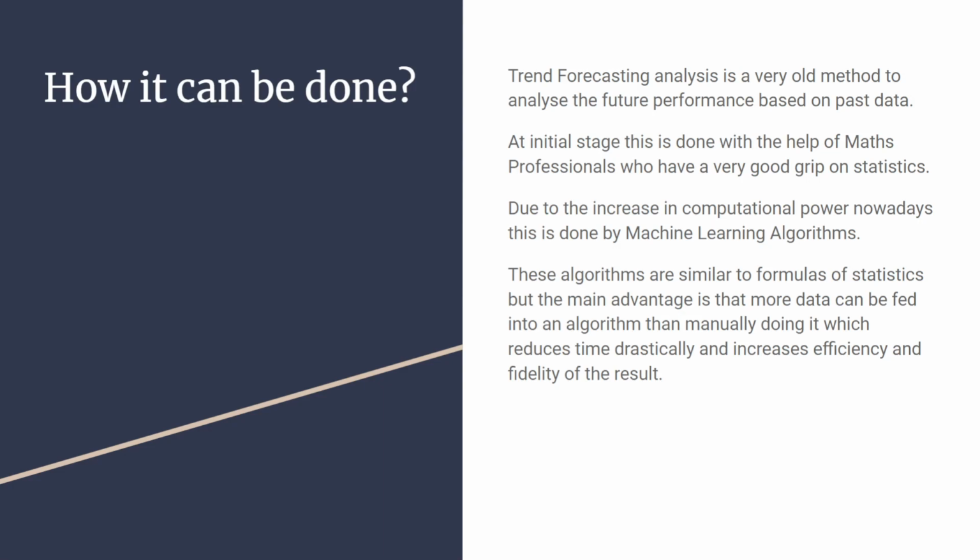Due to the increase in computational power nowadays, this is done by machine learning algorithms, as I said earlier. These algorithms are similar to the formulas from statistics and probability, but with the main advantage of handling huge chunks of data, because nowadays, in the 21st century, data is everywhere, and there is so much data being generated every second as we progress through time.